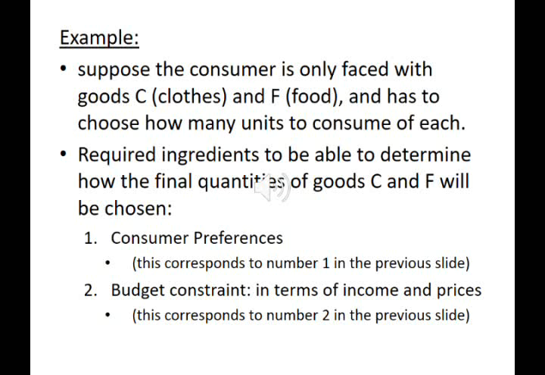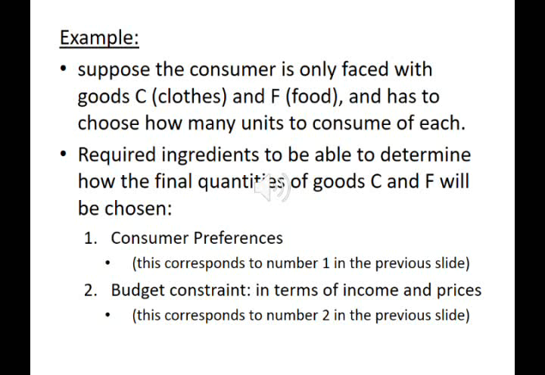So this consumer needs to tell us, if we will assist him in deciding how many units of each good to consume, about his preferences, okay? Because these preferences are related to his unlimited needs and wants. So this is the first ingredient.